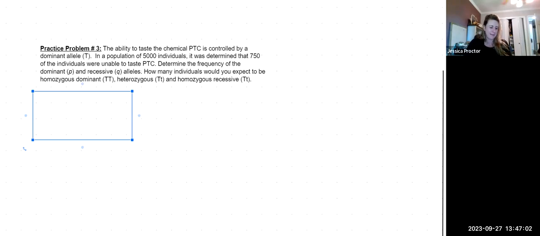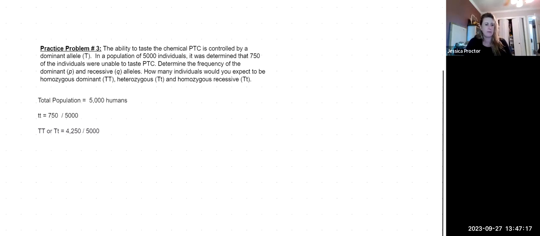So we take 5,000 and subtract 750. So we know that 4,250 have to be either homozygous dominant or heterozygous. Okay, so that's our little summary just based on the information that's already there in our word problem.